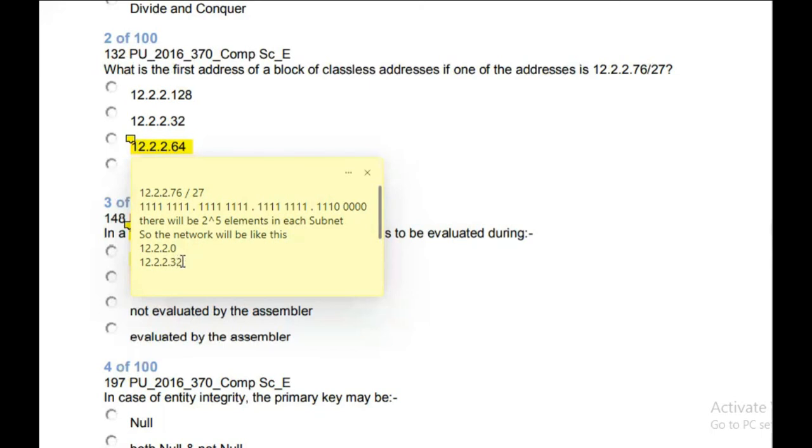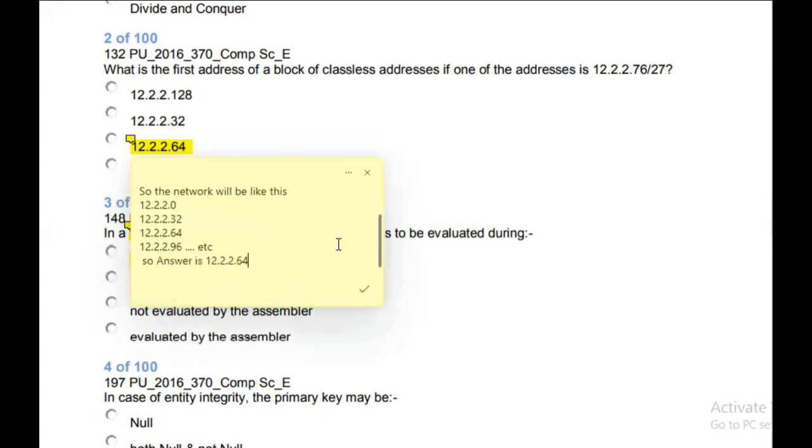The first set we can make is 12.2.2.0, and the other subnet ranges will be 12.2.2.0 to 12.2.2.32, 12.2.2.32 to 12.2.2.64, and 12.2.2.64 to 12.2.2.96.